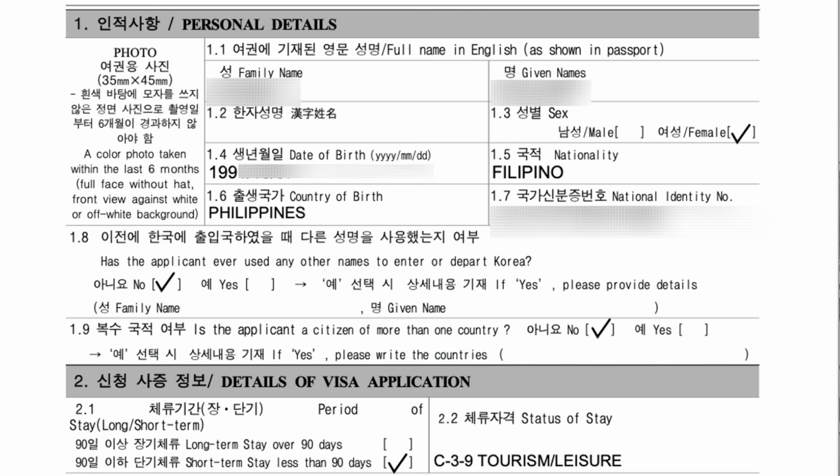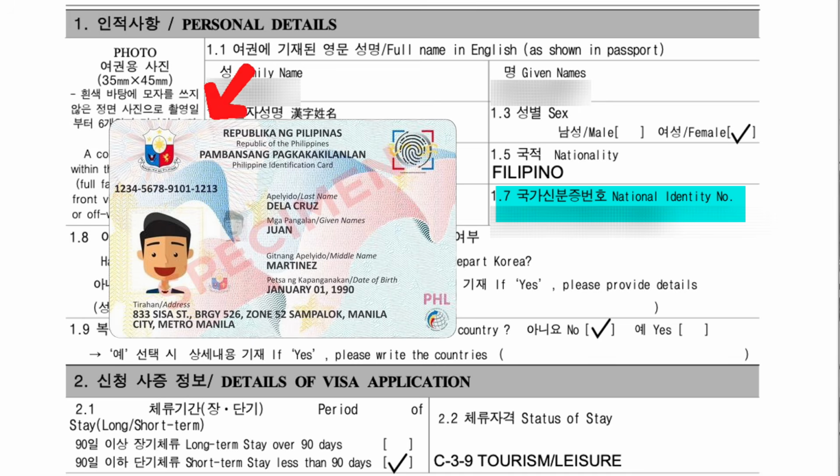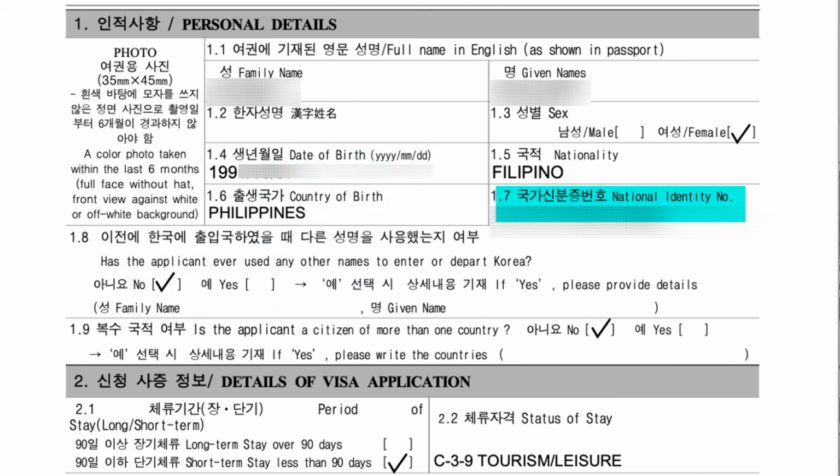First question, personal details, family name, your given name, and then your gender, your birthday, so year first, month, and then date, your nationality, Filipino, country of birth, the national identity number, kung meron kang national ID. If none, you can just place NA.